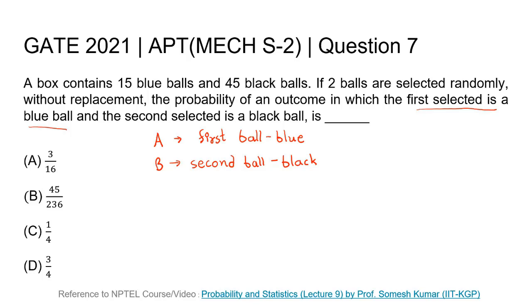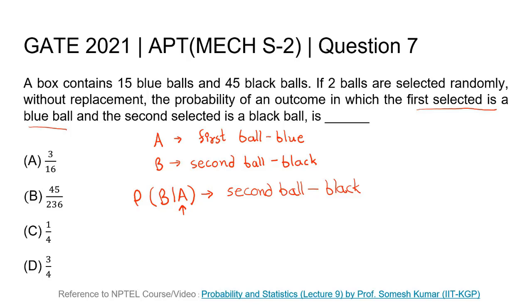Now we want to find out the probability of second selected ball is black ball given that first selected ball is a blue ball. So it can be written as probability of B given A, which means probability of second ball being black, but on a condition that event A has also happened.